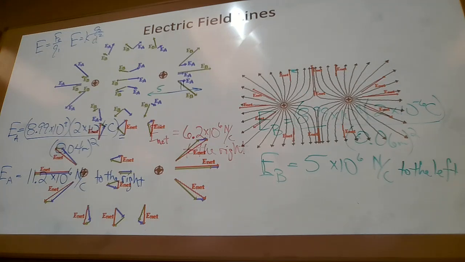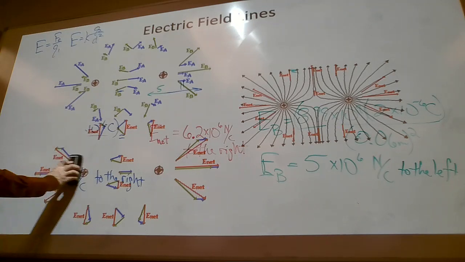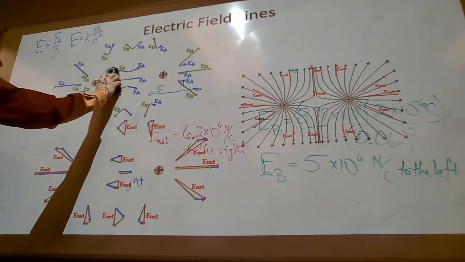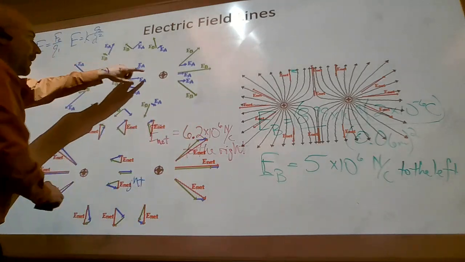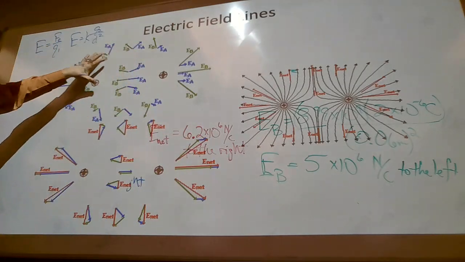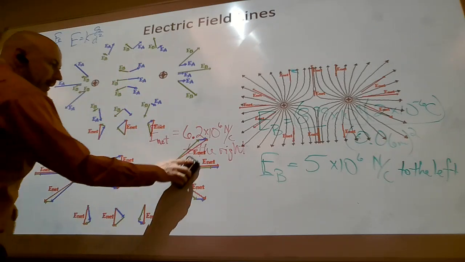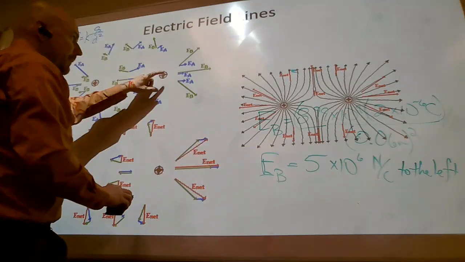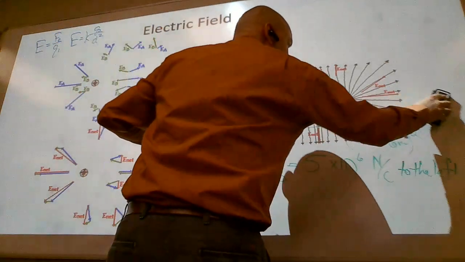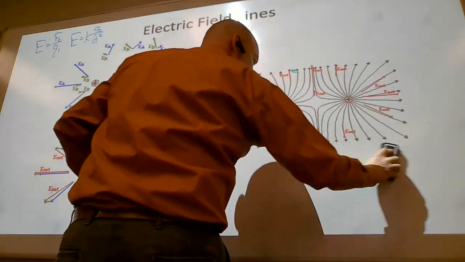All right. So let's say I take a test charge all around object A, and I find the electric field from A to be the blue vectors. And then I do the same thing for object B, and I find the electric field from B to be all the green arrows.